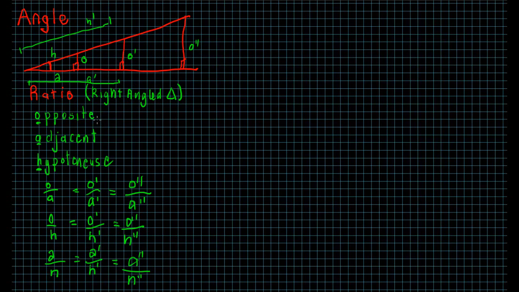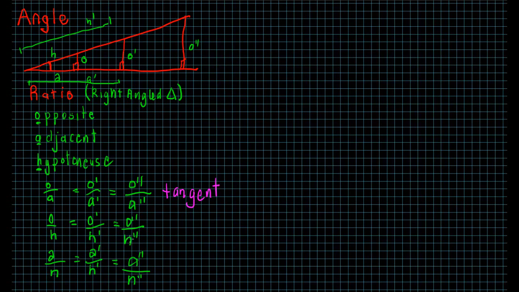And then they said, well, hang on, we'd better give these ratios a name. So they had a bit of a meeting, I suppose, and they decided that they would call the opposite over the adjacent the tangent of the angle.